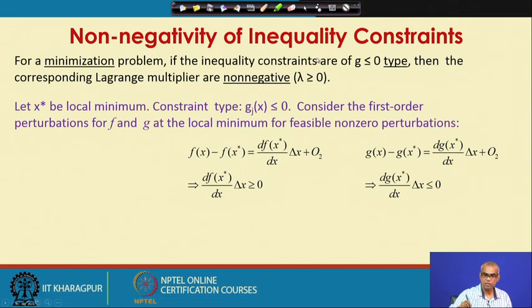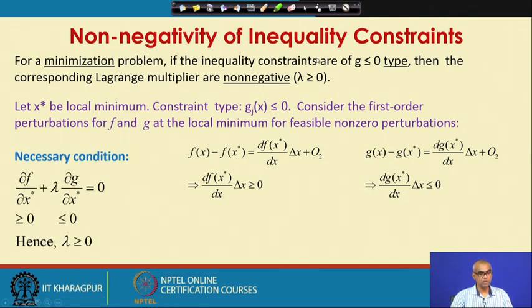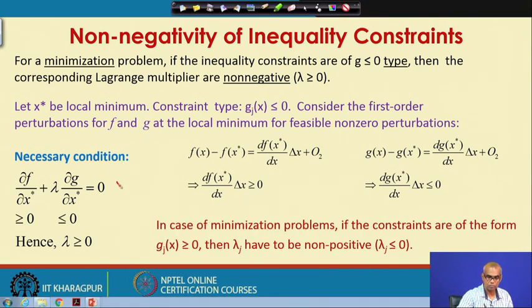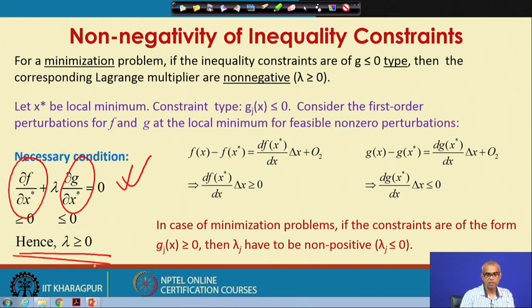Now, look at the necessary condition for optimality: del f del x plus lambda del g del x equal to 0. Now, del f del x is greater or equal to 0, whereas del g del x is less or equal to 0. So, lambda has to be greater or equal to 0.